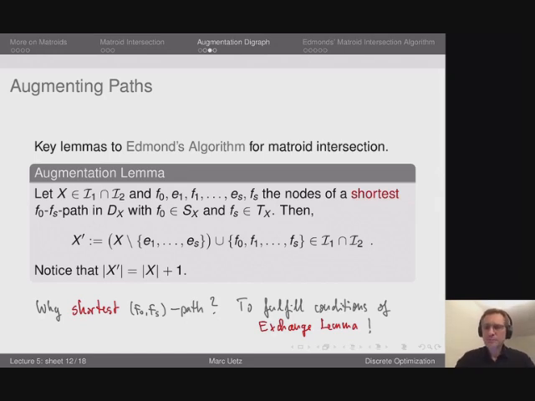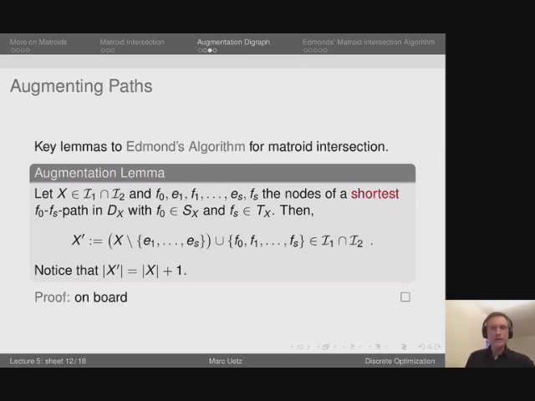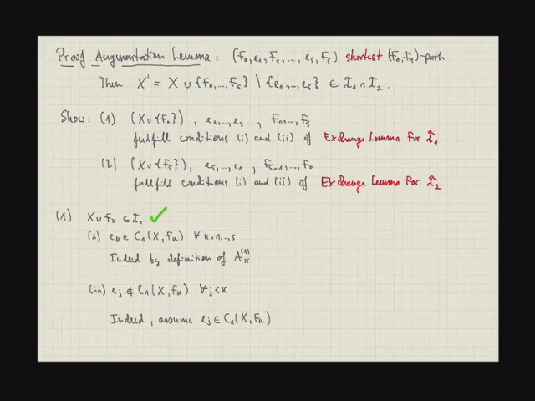Now, of course, you can guess that the proof of this augmentation lemma is going to make use of this earlier exchange lemma, and that is exactly the reason why we had the exchange lemma in the first place. So let us look at the proof, and let me just recollect once again what we want to prove.